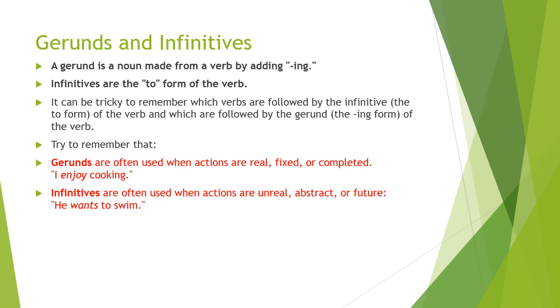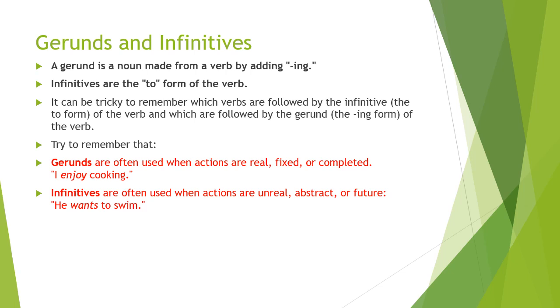So to put it in simple terms, a gerund is the base form of a verb plus ing. And infinitives, you put the to in front of the base form. What do we mean by base form? Base form is a verb stripped down to its basics.